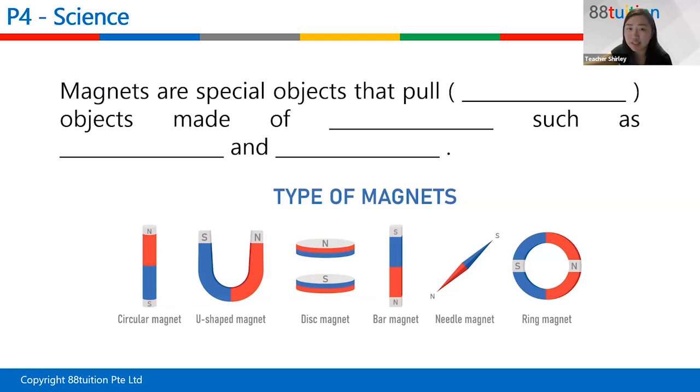Magnets are special objects that pull. What objects made of what? Magnets are special objects that pull.